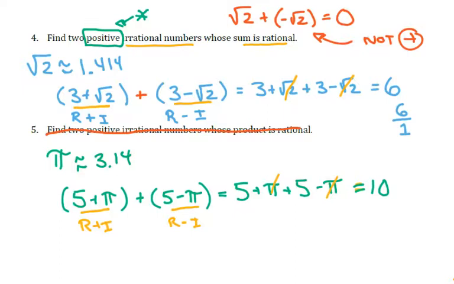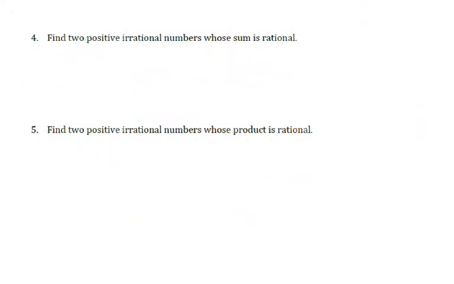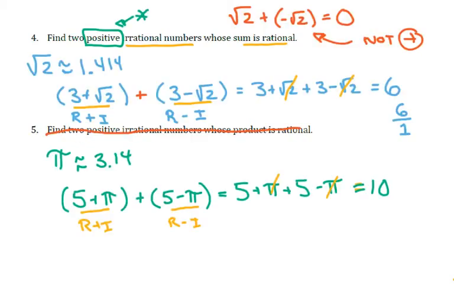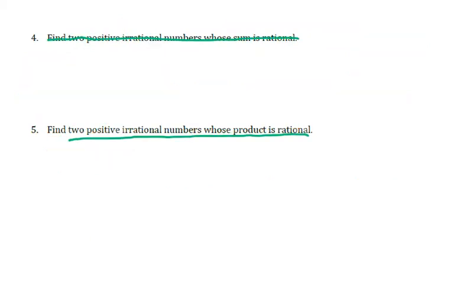So now let's look at the next question. Number 5. Find two positive irrational numbers whose product is rational. Well, it turns out that these two numbers here will work for multiplication. So let's try them and see what happens.